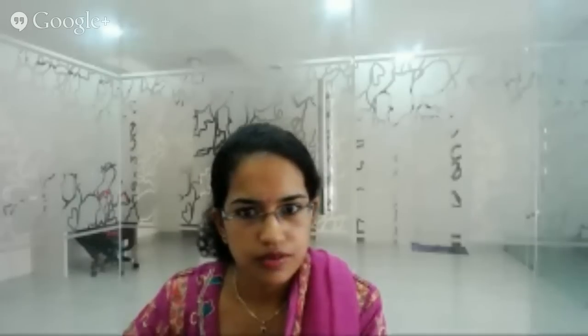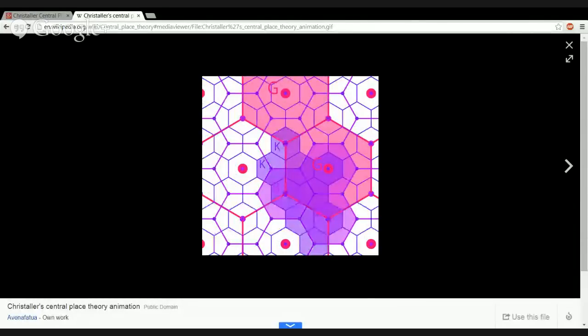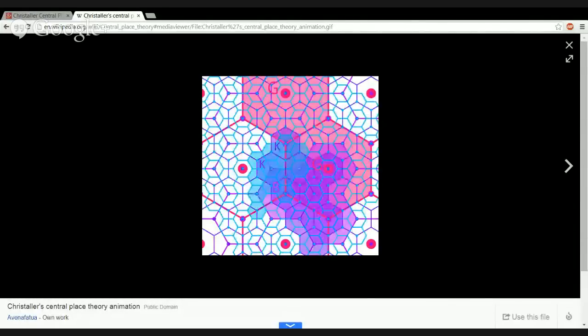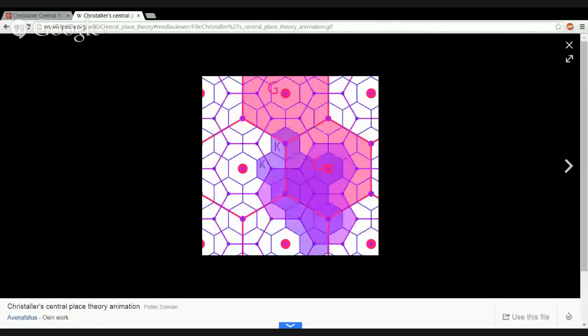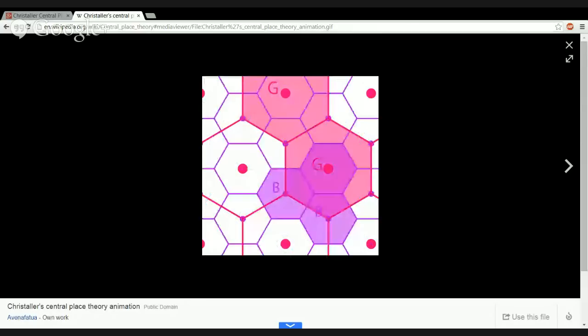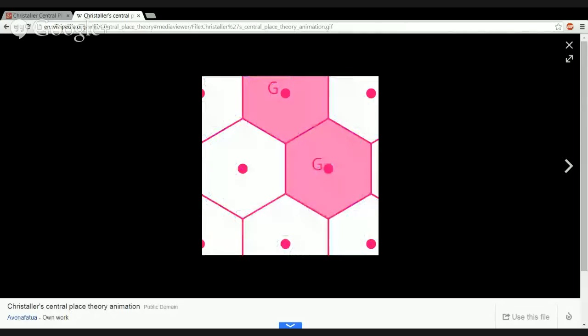So with this, I'll try to introduce to you a Christaller model which has been taken from Wikipedia. So you can see here how the settlement is trying to grow. So here you can see the blue comes up, then you have the pink, then you see the purple regions growing up. You have further regions growing out, and slowly and gradually you have a whole kind of settlement network that is growing up.